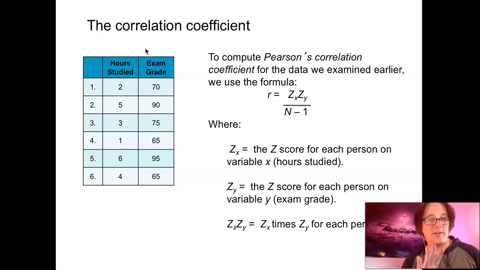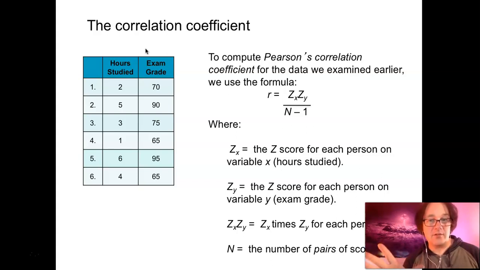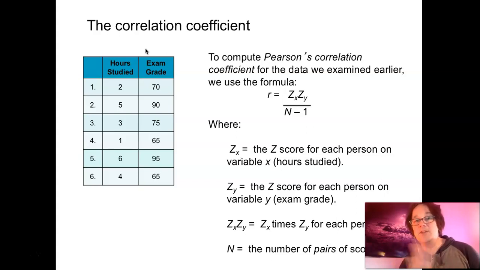So if we have the z of x and we have z of y, that's all the z-scores of x times the z-scores of y for each person. And in this formula, n is the number of pairs of scores, not the number of individual scores.